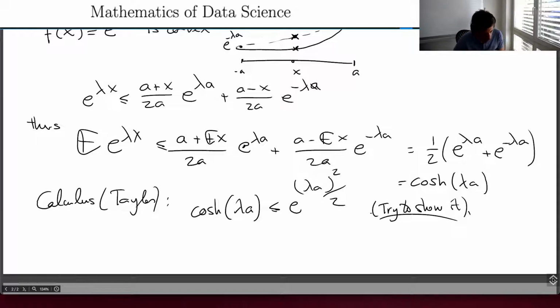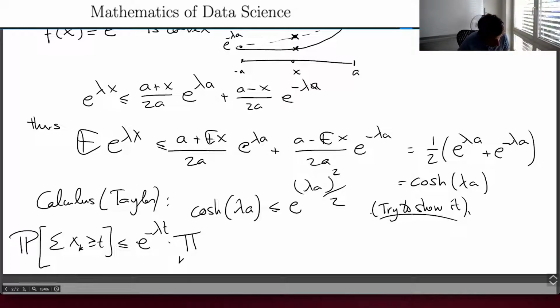Now I plug everything together. I get that the probability of the sum of the xk's being bigger or equal than t is smaller or equal than e to the minus lambda t times the product from k from 1 to n of this exponential. But this is smaller or equal than e to the lambda squared a squared over 2. And if I had different ak's, I would just have to keep track of them here.